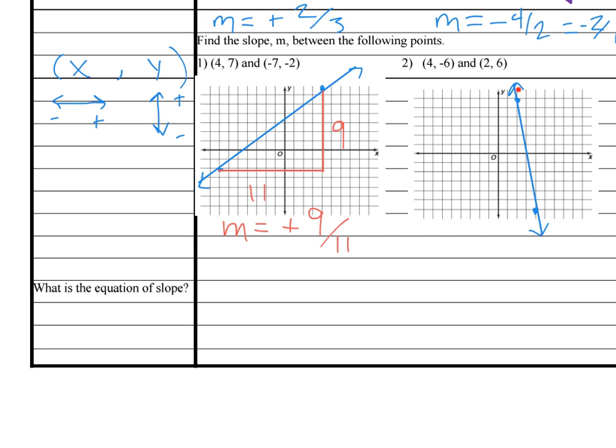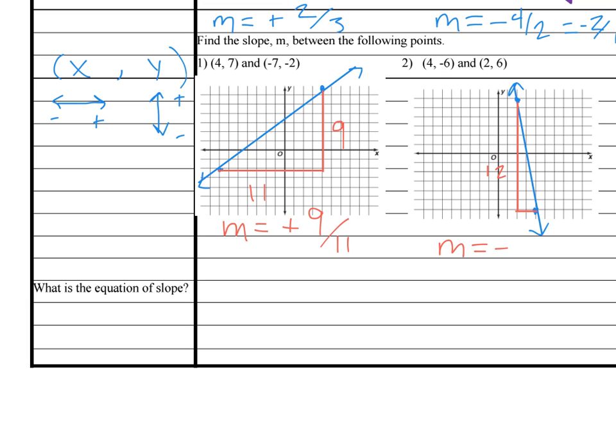Now we draw our triangle from our 2 points here down to here. Our line here, when I go from left to right, it's decreasing, so this slope is negative. So our slope is negative, and then now we figure out the change. Up, down, so in y, 1, 2, 3, 4, 5, 6, 7, 8, 9, 10, 11, 12.